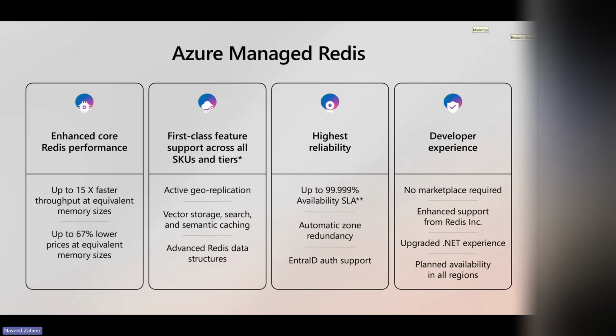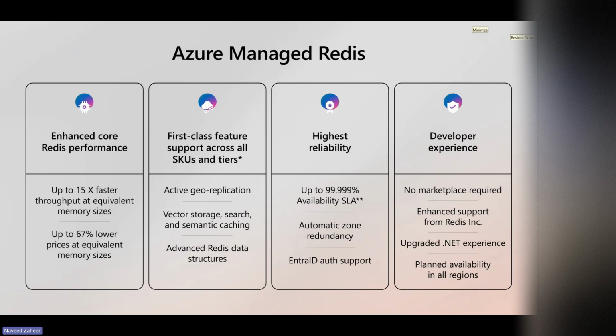For example, this is the first cloud provider which provides you Redis Enterprise as a managed cloud offering where you don't have to get the license and all that negotiation. You just get that service and use it, and we take care of anything else.